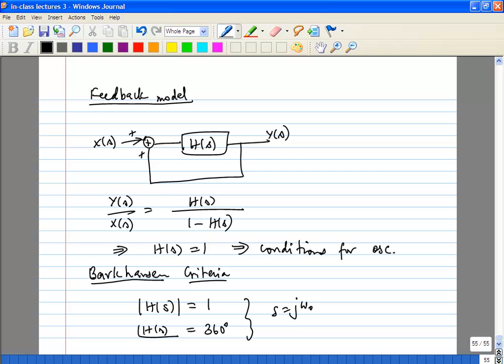Now the other thing you should remember is that this 360 degrees is the total phase shift. In many circuits you will have some kind of DC negative feedback, which means you already have 180 degrees of phase shift at DC and you have to add an excess phase shift of another 180 degrees to bring it to 360 degrees for oscillations.